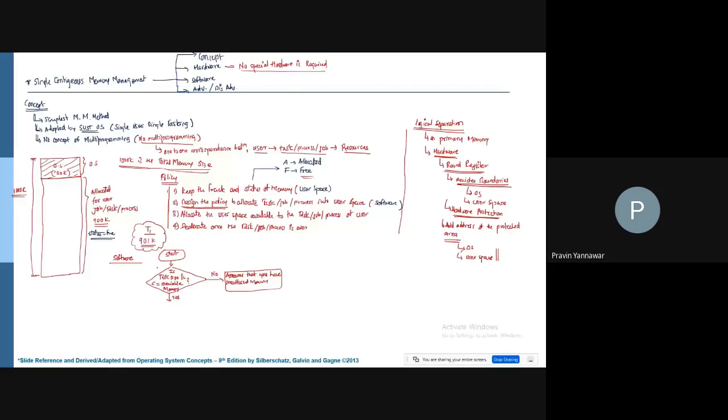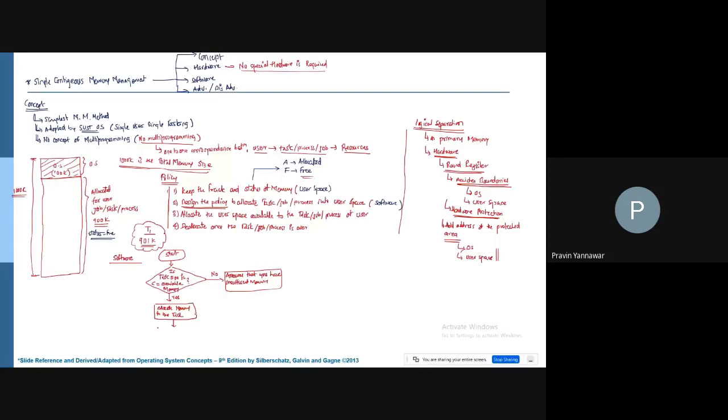If yes, then simple, what you need to do: allocate memory to the task.